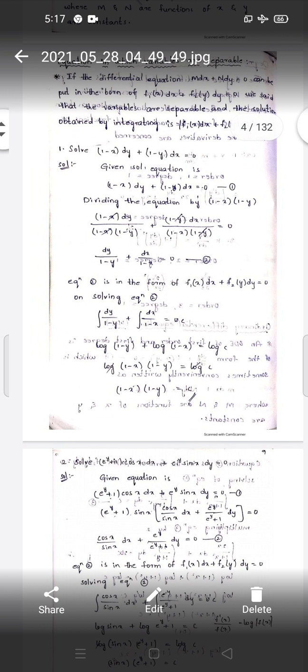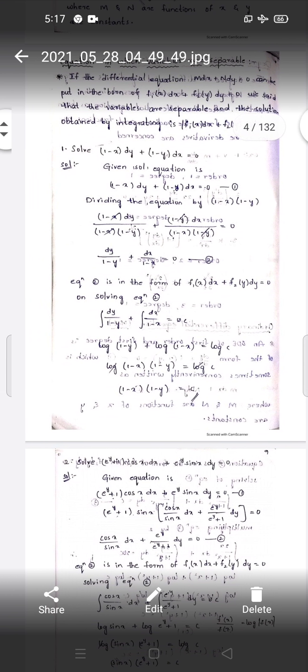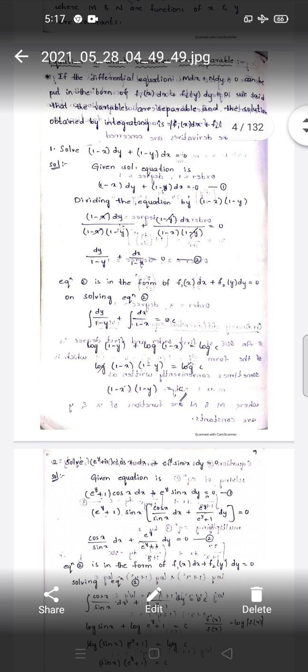The left-hand side is all log terms, so the right-hand side is also put as a log. So log of (1 minus y) plus log of (1 minus x) combine into one log term: log of (1 minus x)(1 minus y) is equal to log c.